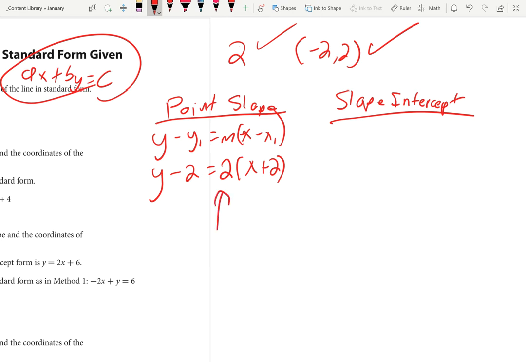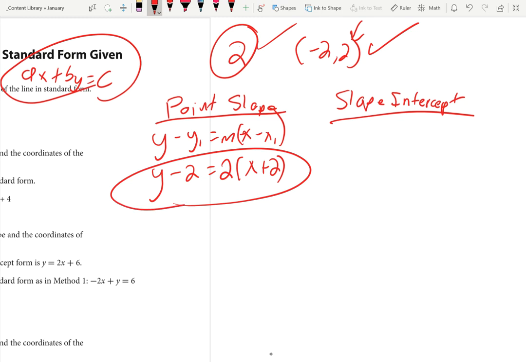So this 2 here is coming from the slope. This 2 here is coming from the y value, positive 2. And then this 2 here is coming from the x value, which is negative 2. Now remember, in point slope form, it's opposite from how it seems. A positive 2 here really indicates that number is negative 2, and the minus 2 here really indicates that it's a positive 2. So you do have to keep that in mind. Don't let that trick you.